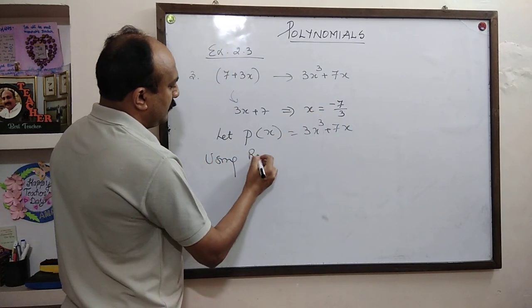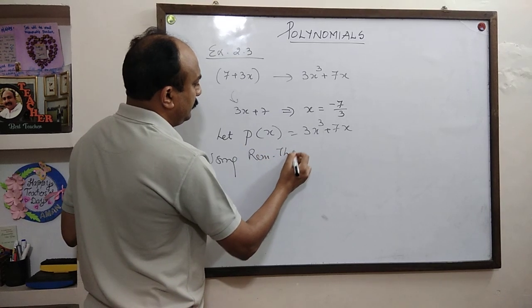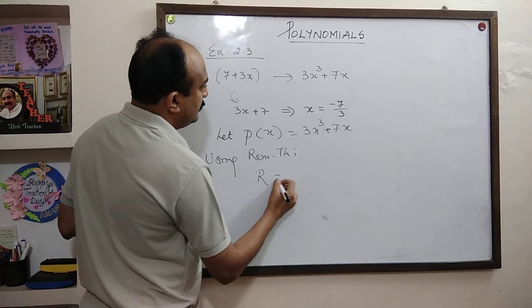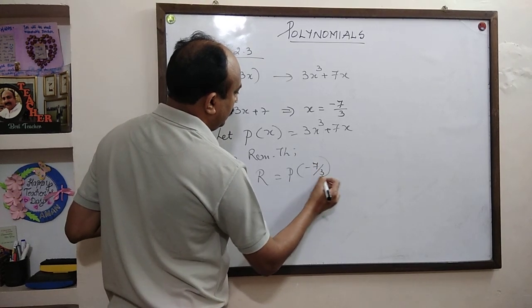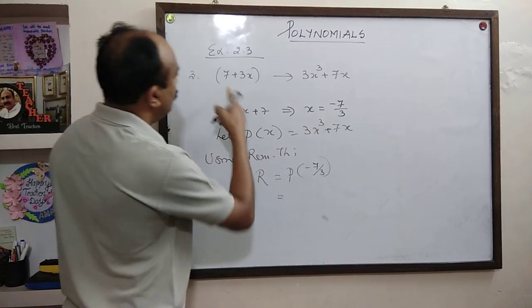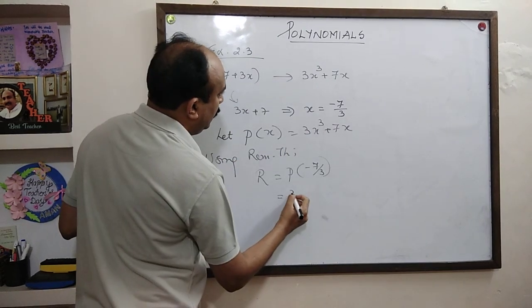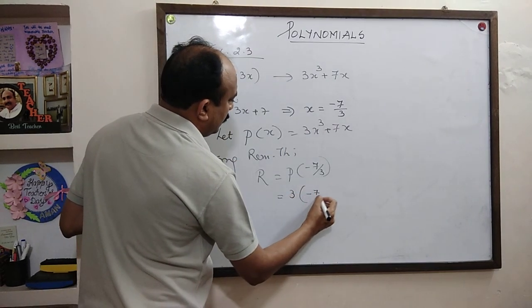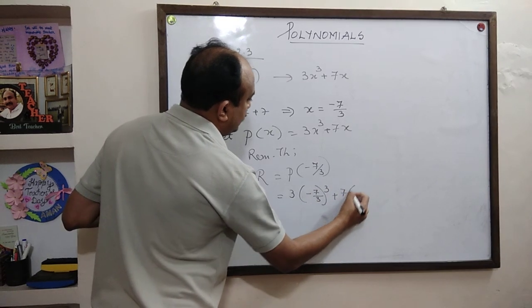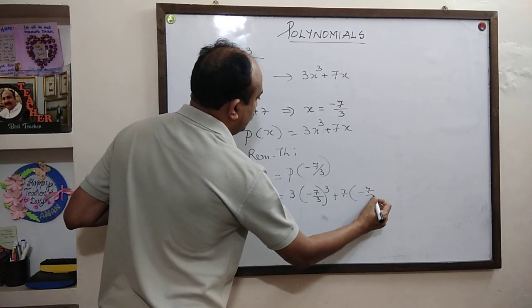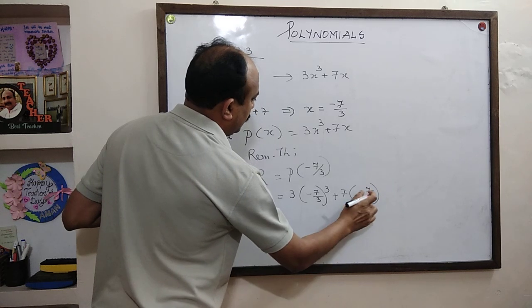Using remainder theorem, remainder is equal to p of minus 7 upon 3, is equal to 3 into minus 7 upon 3 the whole cube plus 7 into minus 7 upon 3.